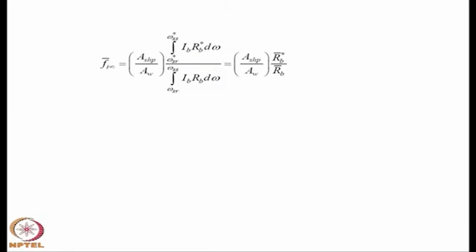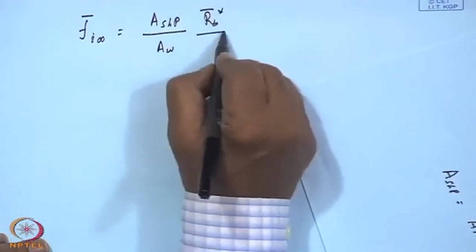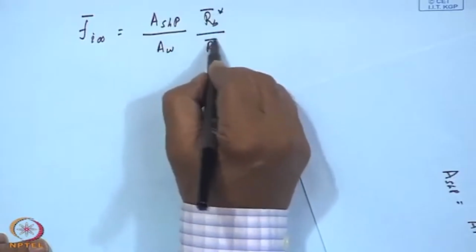So, you can write it as A shading plane by AW, RB bar star upon RB bar.